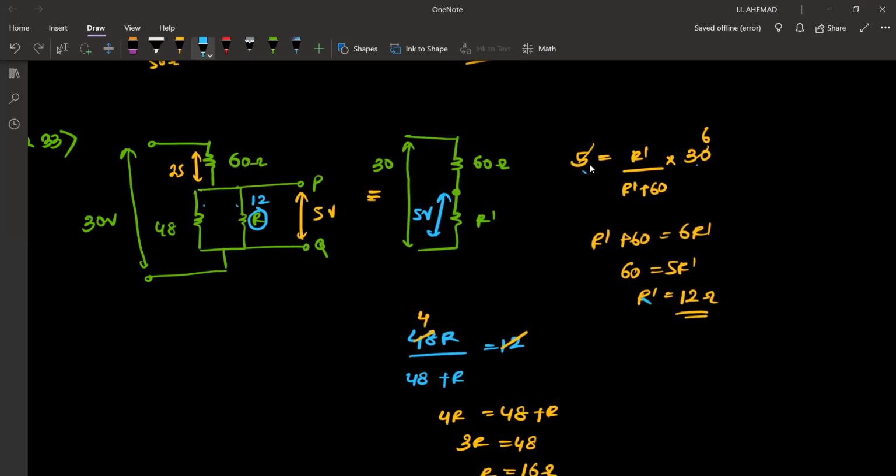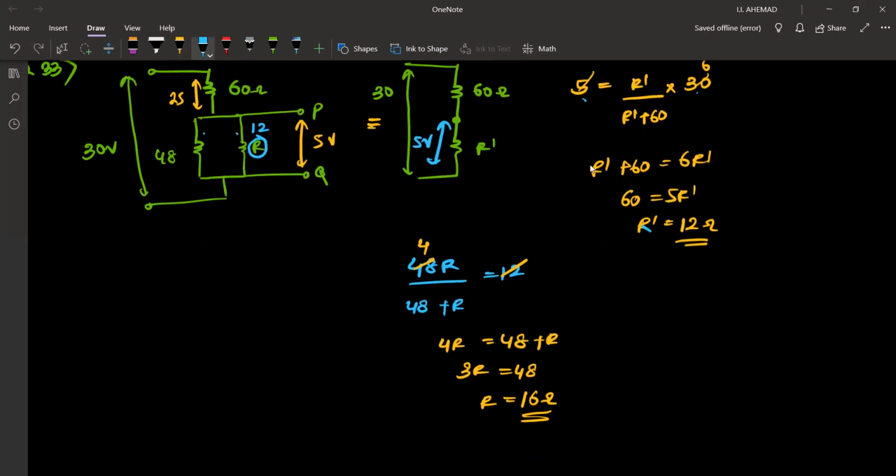Okay, R dash is the equivalent. Now we have found the equivalent. What is the equivalent of two parallel resistors? Product over sum. So 48R over 48 plus R, that is equal to 12. Now just solve for R. You will get 16. Okay, Shahama, got it?